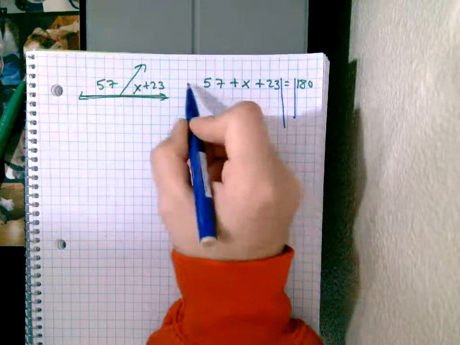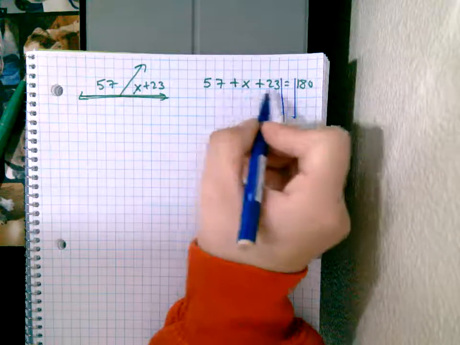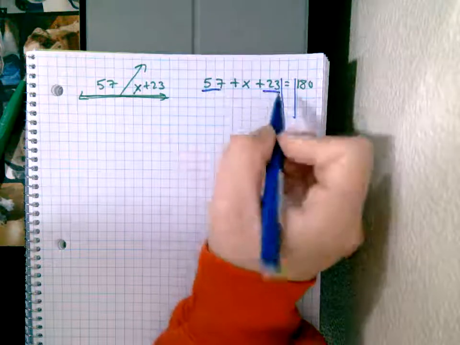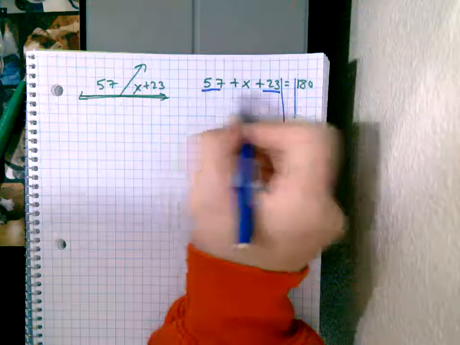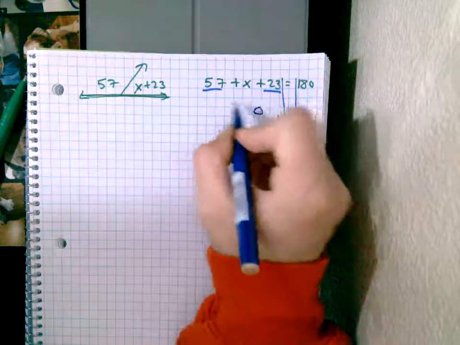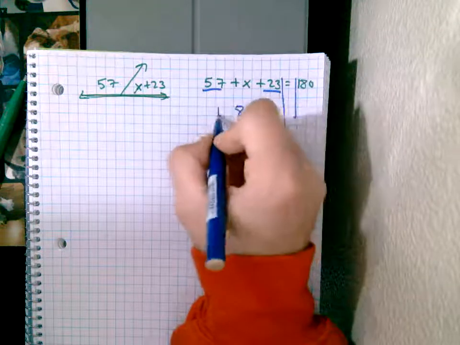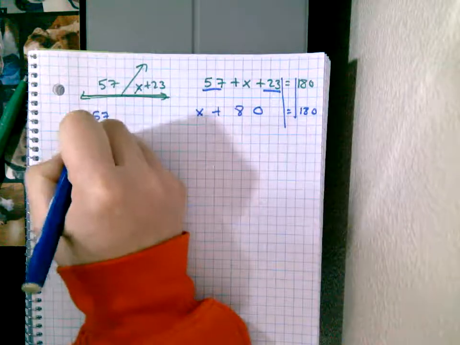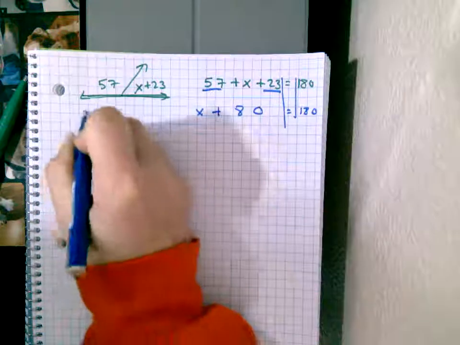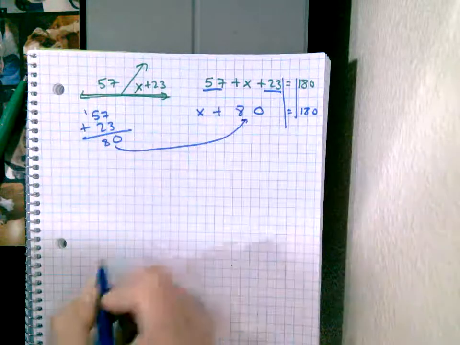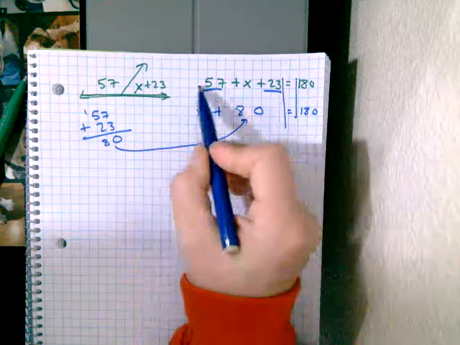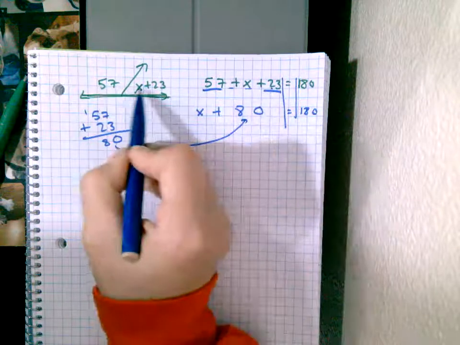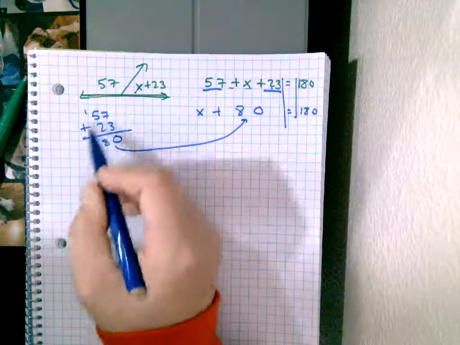So when there are no subtraction signs in your original problem, then you can just add them with no problem, right? 57 plus 23 gives you 80, so that's what I got right there. If there's no subtraction sign, then it's just simple, just add them.